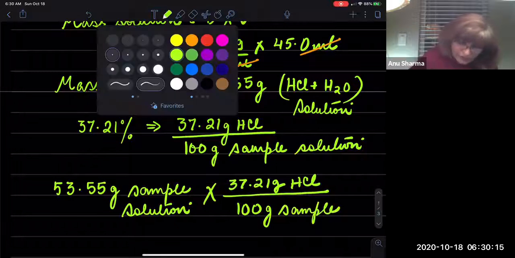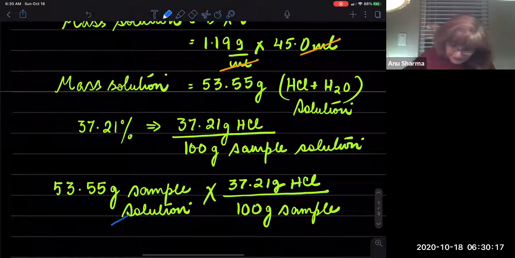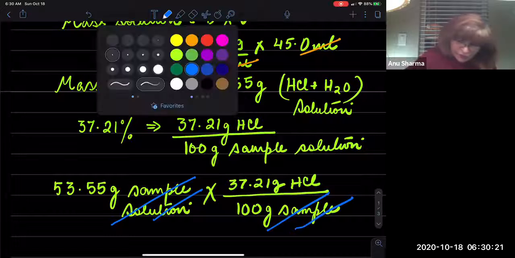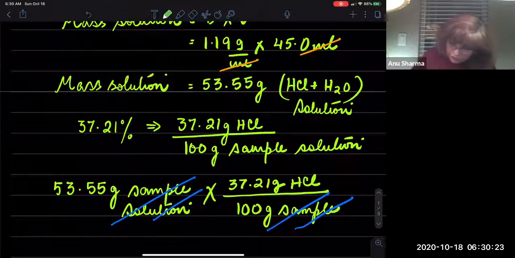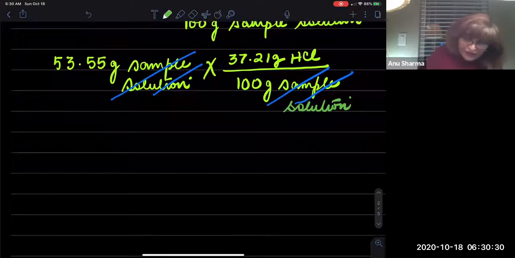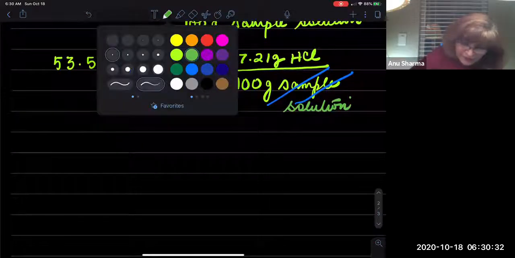Okay, so you're going to take the sample solution, and this is a sample of the solution basically. So this cancels out, and what are you left with?